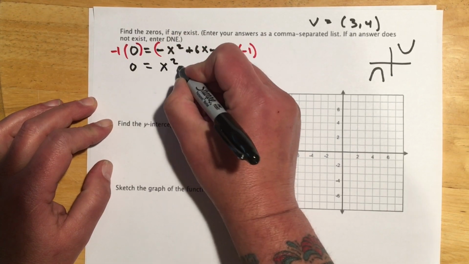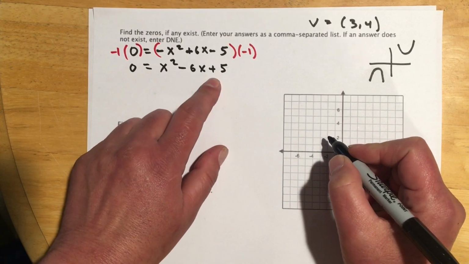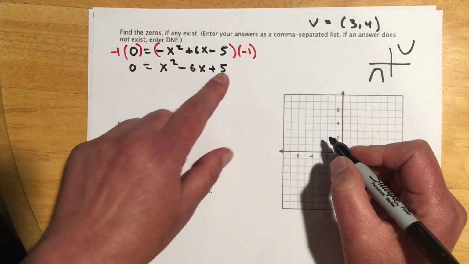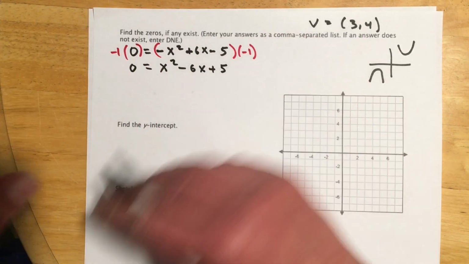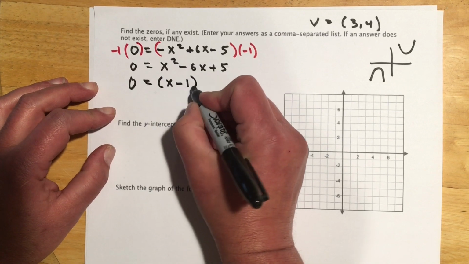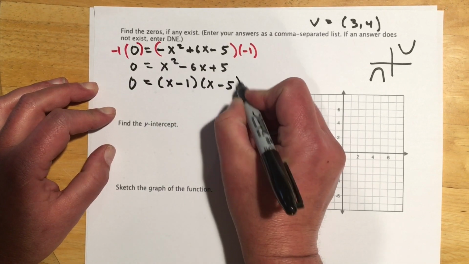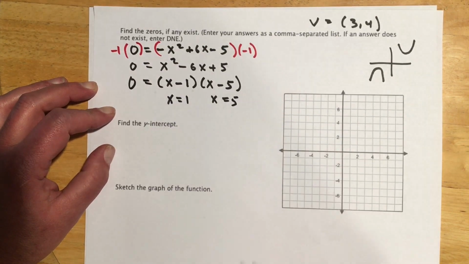But now it's x squared minus 6x plus 5. And I have a much easier time getting my head around what multiplies to 5 and adds to be negative 6 if I don't have to do it with the double negatives and the signs being funky. So this will be x minus 1, x minus 5. So x equals 1 or x equals 5.